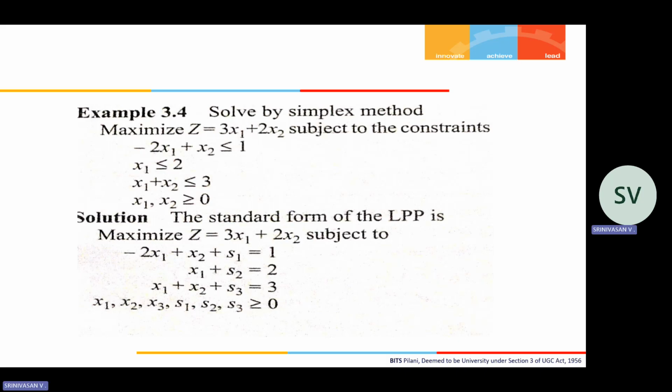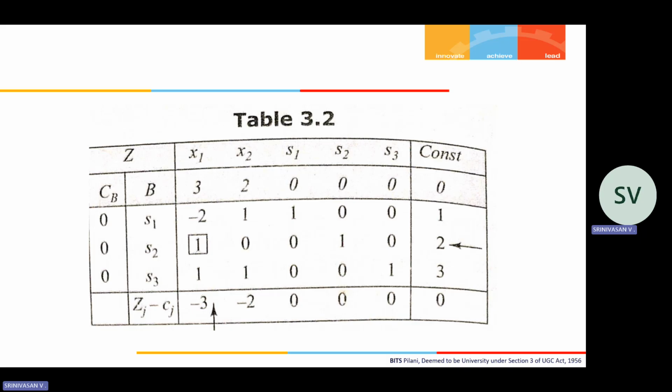Minus 2, 1. The coefficient of s1 is 1. Minus 2, 1, 1, 0, 0. Constant, you had 1. And then you had x1 less than or equal to 2.